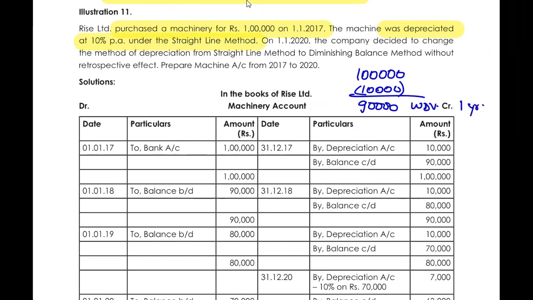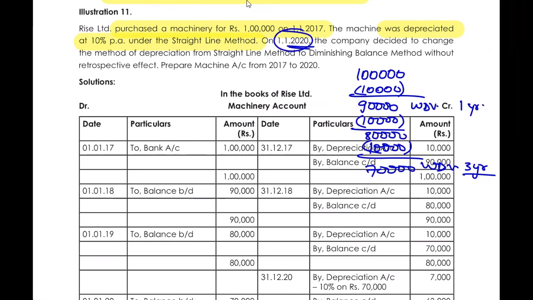On 1st of January 2020, that means 3 years have passed, so after 3 years the WDV would be 70,000.